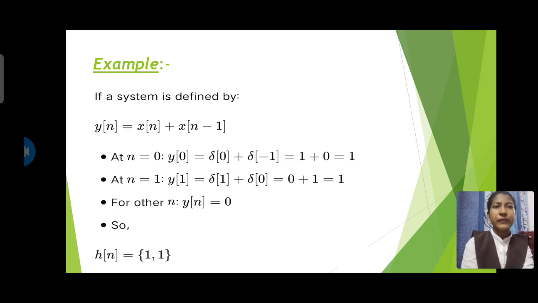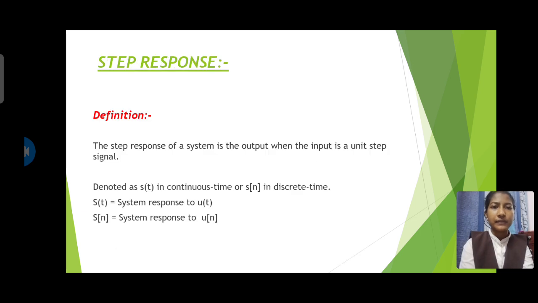If we consider an example, y of n is equal to x of n plus x of n minus 1. By substituting n is equal to 0 we get 1, and for n is equal to 1 we get 1. For other n, y of n is equal to 0. So we get h of n is equal to 1 comma 1.